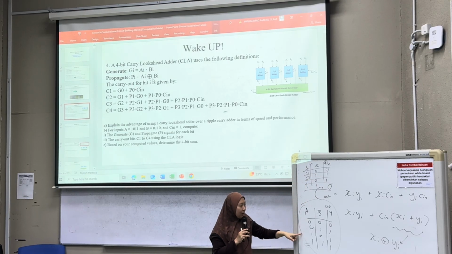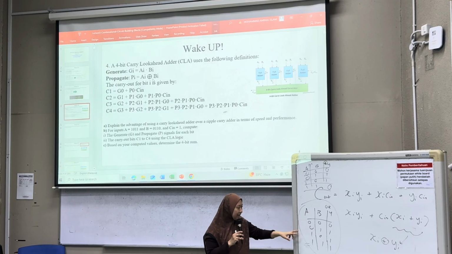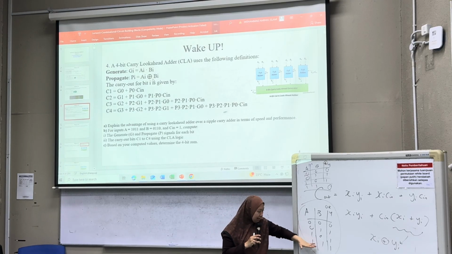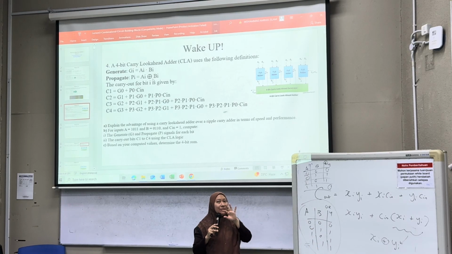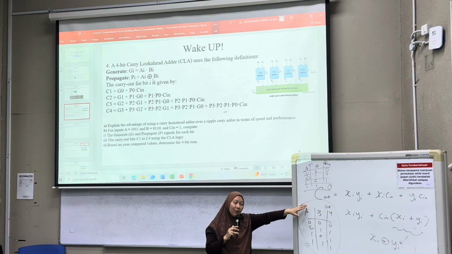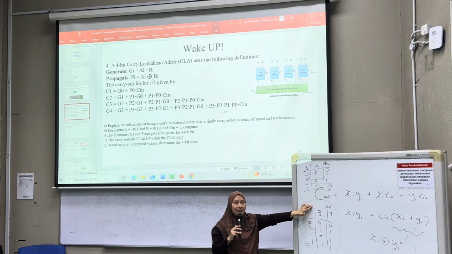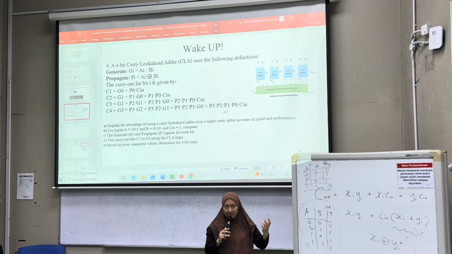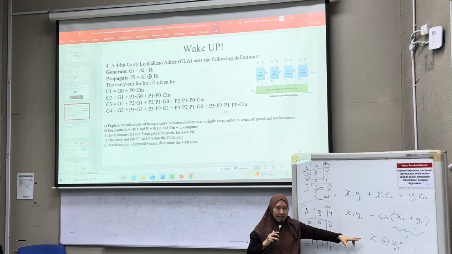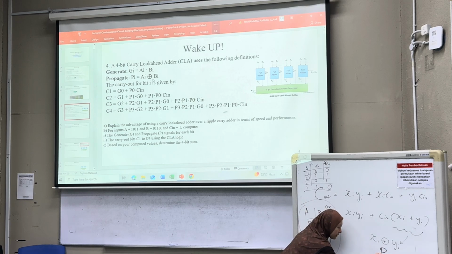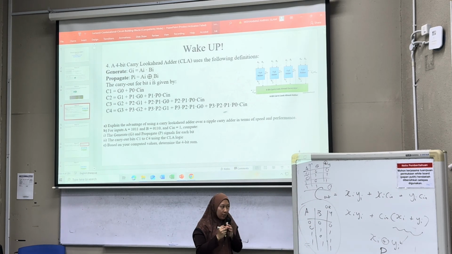But if I were to use OR, looking at the definition, at this 1-1 combination, it generates a 1. So in terms of definition alone, OR is not really a good gate to use as a propagate, as compared to an XOR.